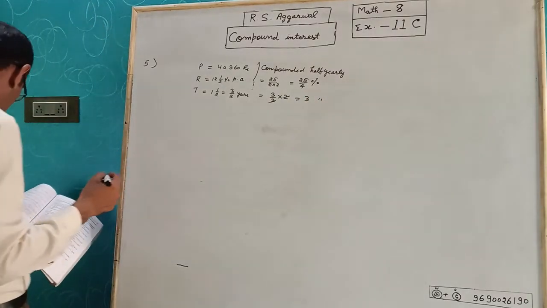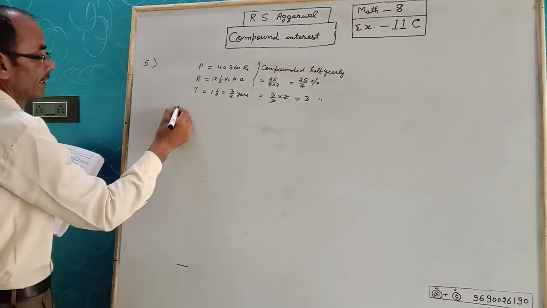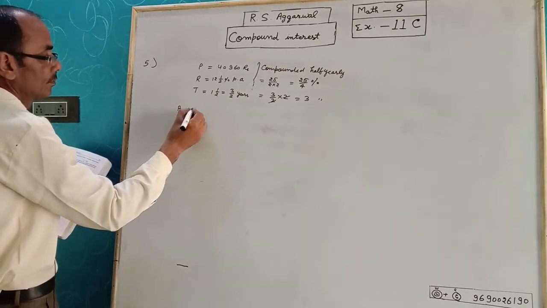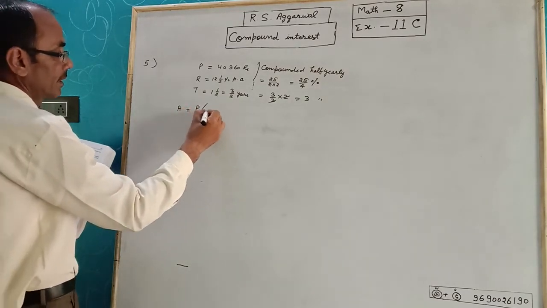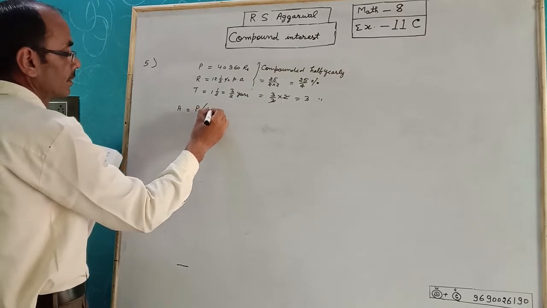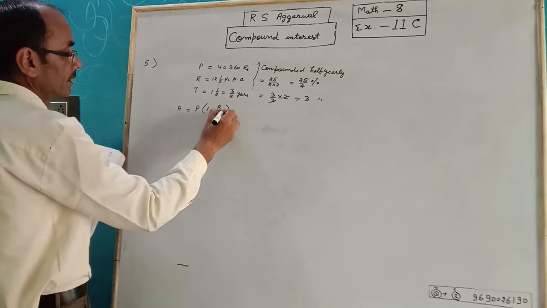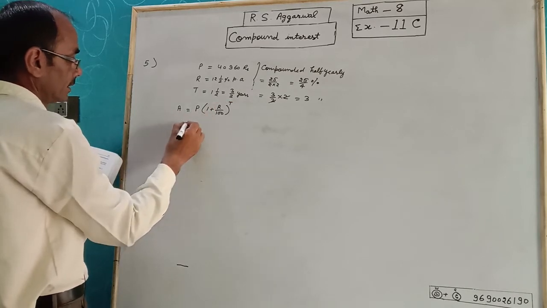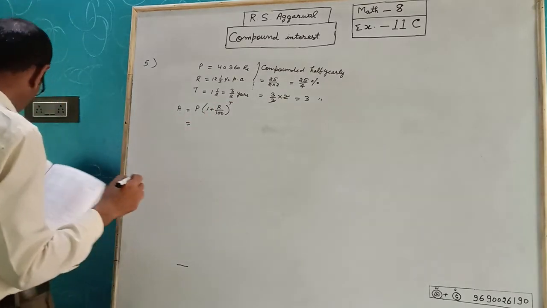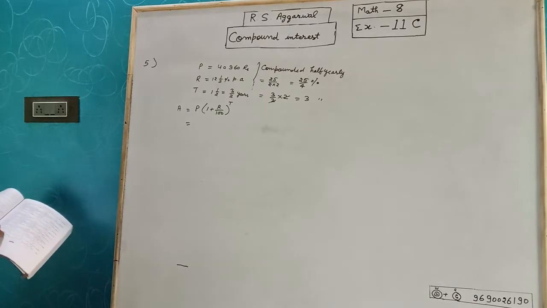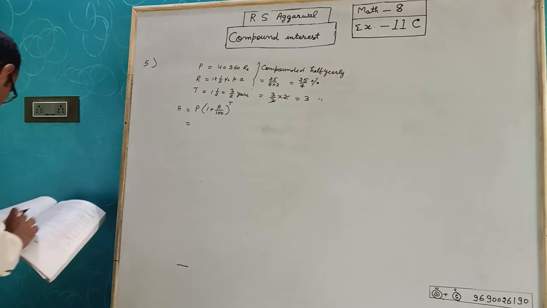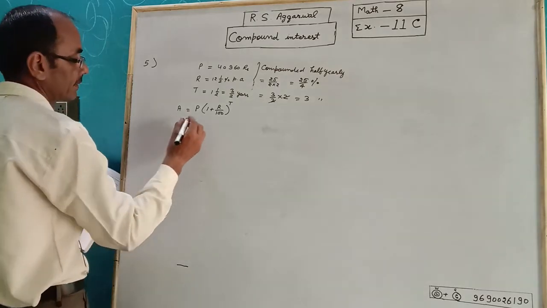Formula is amount is equal to principal (1 plus R/100) power t. At first we find what amount and compound interest paid by her.